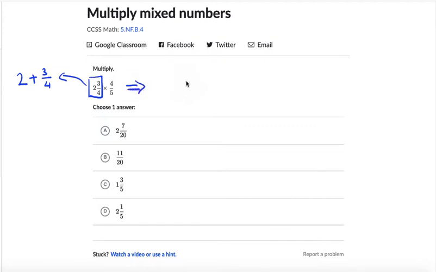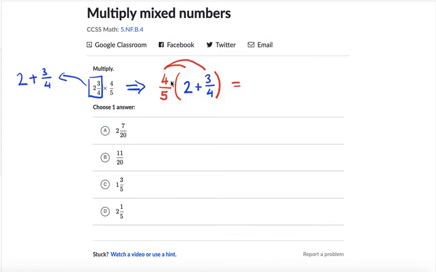We've got 4/5 as our coefficient, which is what we're going to multiply, and on the inside we have 2 plus 3/4. With two separate kinds of numbers inside, this distribution is a little easier.